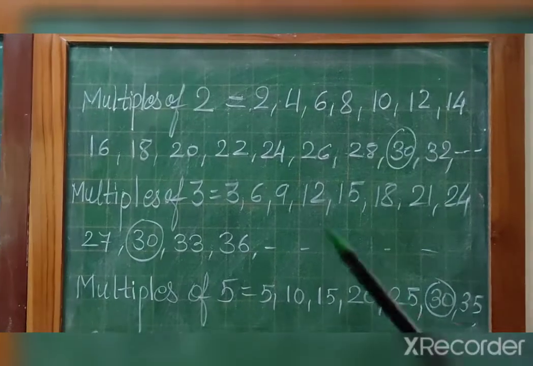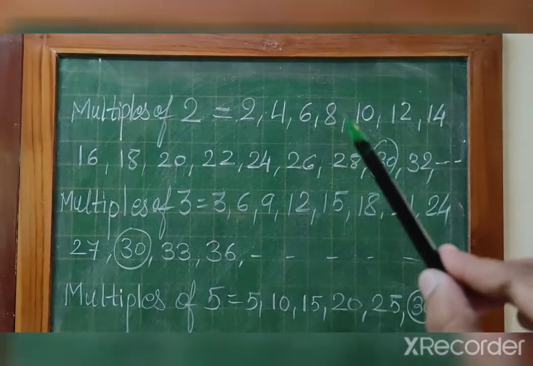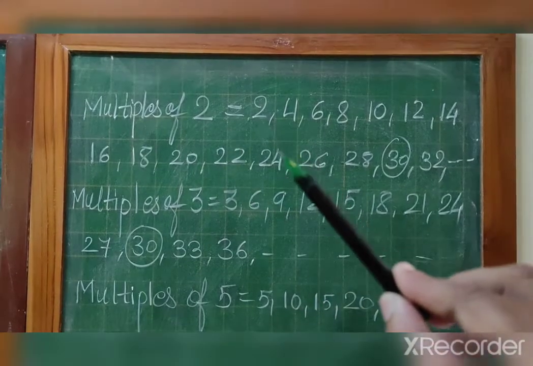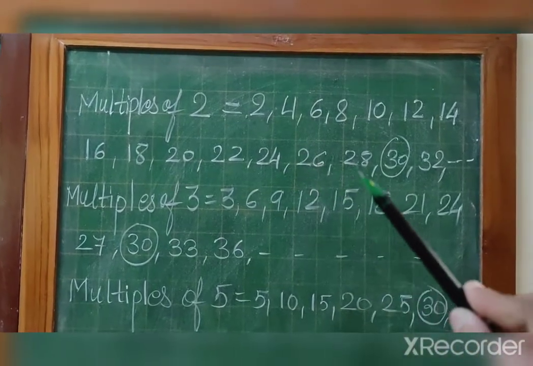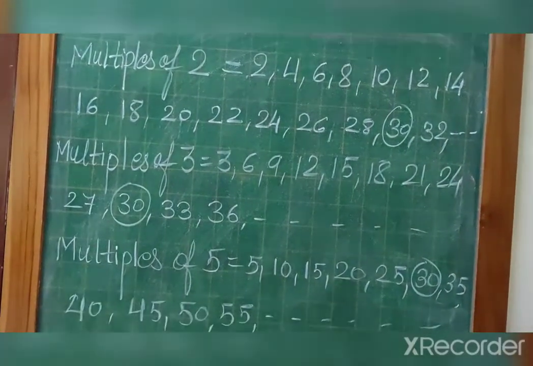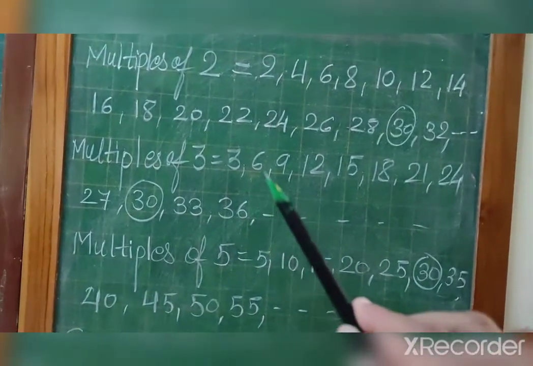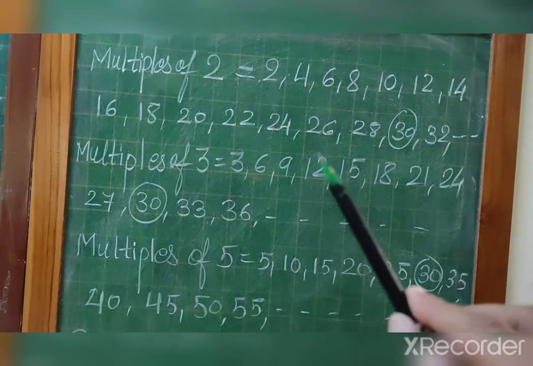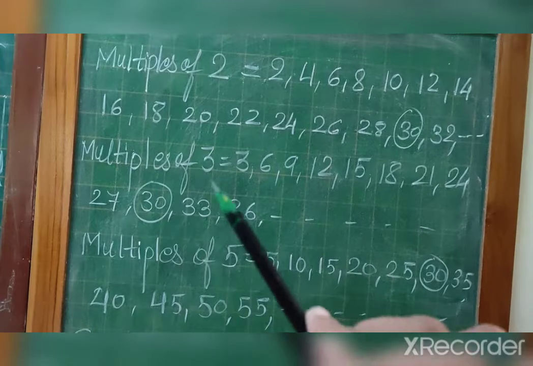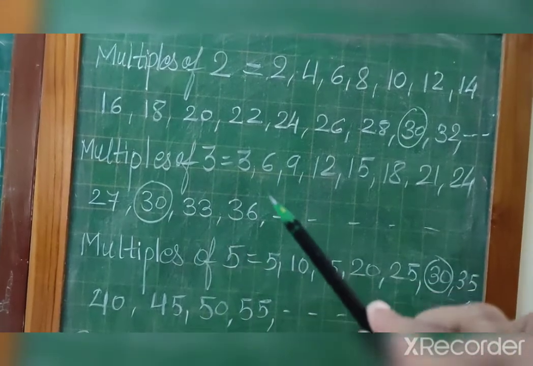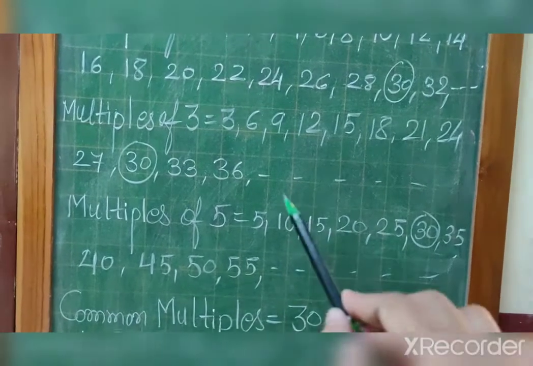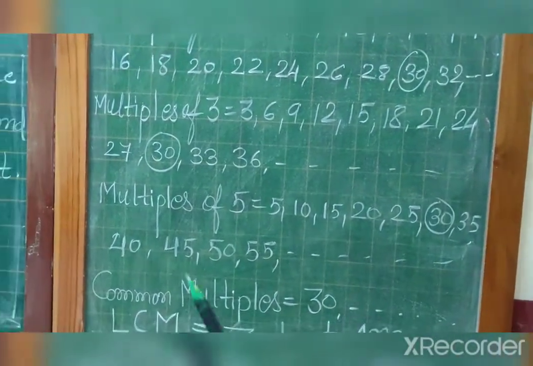Multiples of 2 are 2, 4, 6, 8, 10, 12, 14, 16, 18, 20, 22, 24, 26, 28, 30, 32 and dash. So many multiples you can write. Now multiples of 3: 3 ones are 3, 3 twos are 6, 9, 12, 15, 18, 21, 24, 27, 30, 30 plus 3, 33, 33 plus 3, 36, 36 plus 3, 39, so many. That's why I have put dash, dash, dash.